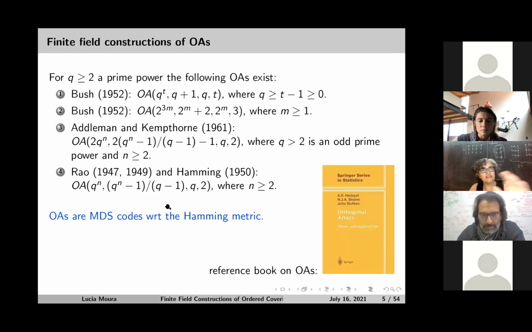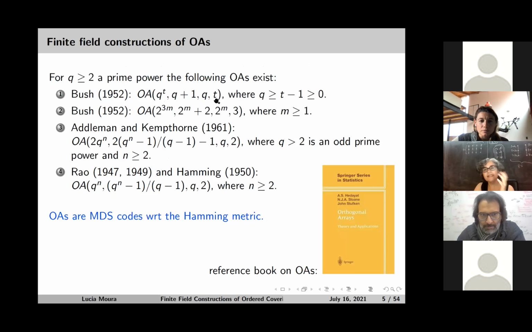They have been studied a lot. Many constructions come from finite fields. In particular, when q is a prime power, you can build an orthogonal array with q to the t rows and q plus 1 columns over the alphabet F_q, with strength t.